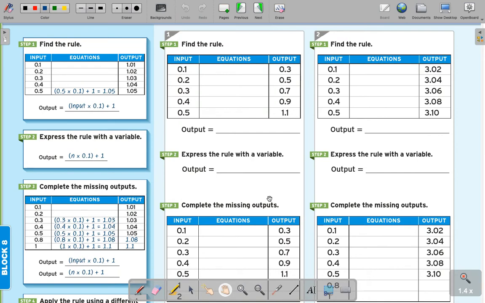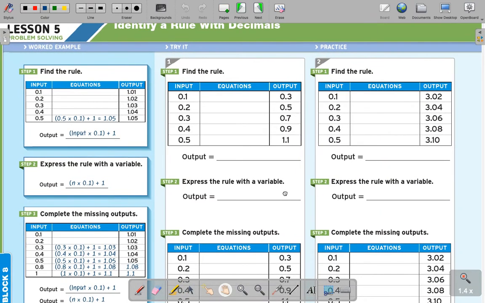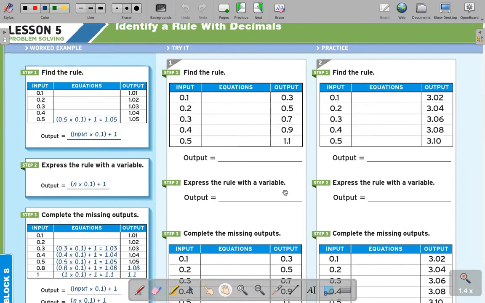So what we're asked to do in this problem solving is we need to find a rule for these problems. So when you are in math, you have inputs and outputs, okay? So your input is here, and I manipulate it with multiplication, addition, subtraction, and then I get an output.